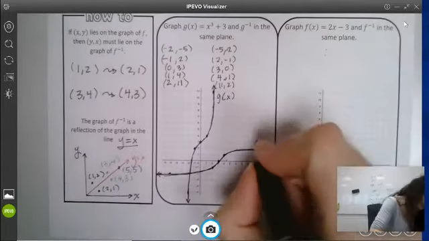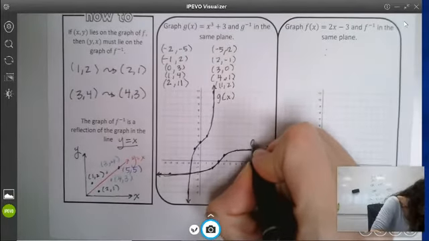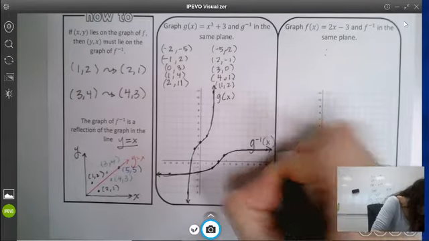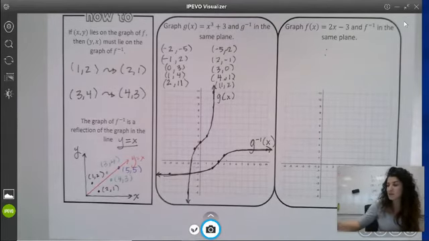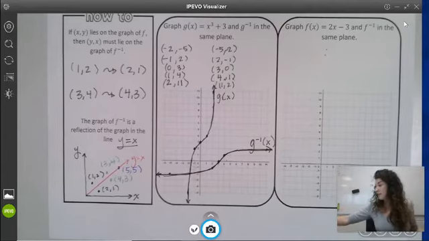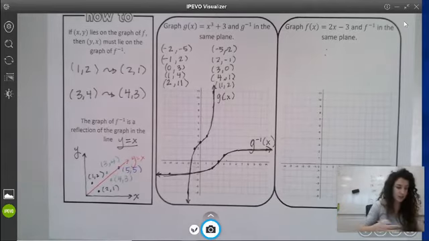And that results in your inverse, which is pretty cool. I think the relationship and the image of a graph and its inverse can be a really beautiful design. Something cool to maybe explore in art classes, if that's something you're interested in.